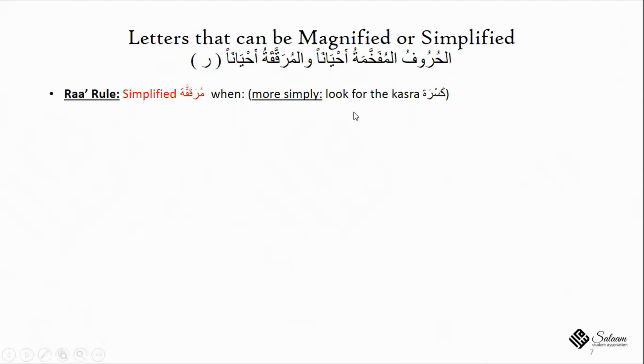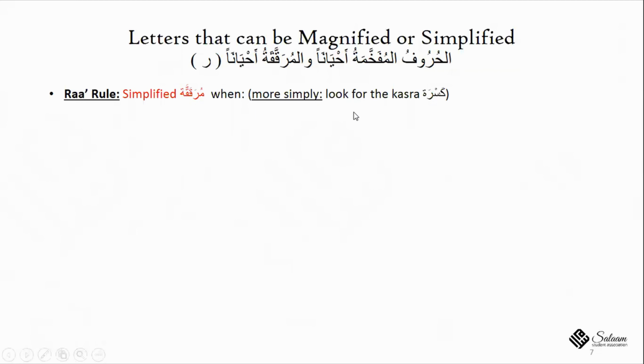So even 2 letters before the ra can affect if this ra will be magnified or simplified. So here, qadir. The rule is a stable ra, before it is stable, and before both of them there is kasra. This is the third case.